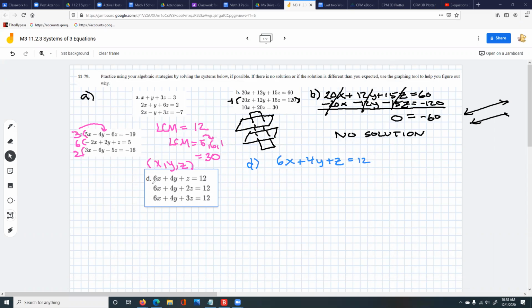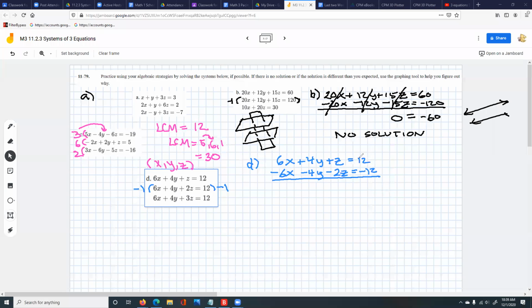I'm going to multiply the second one by -1. Why am I doing that, guys? Why am I multiplying the second equation by -1? Because you have all 4s in the y slot. I want these to eliminate when I add them together, right? Minus 2z equals -12.